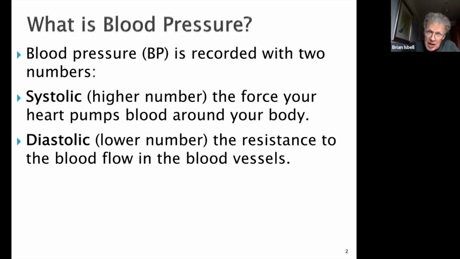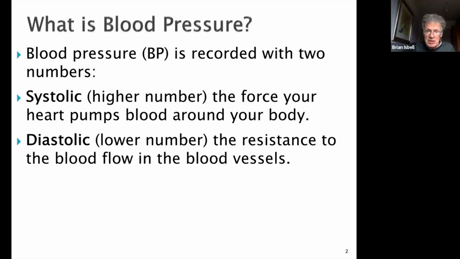Diastolic is the lower number of the two, and that represents the resistance to blood flow of the blood vessels. So in other words, when we're pumping blood around the body, first of all we need sufficient pressure to pump the blood through the vessels, and then we need that extra pressure to pump it around the body.